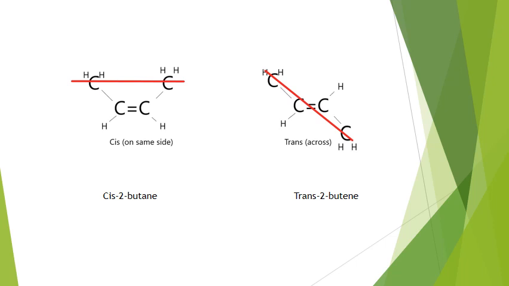And again, if you draw a line through here and look at the carbons on the opposite sides, if they're on the same side of the double bond, then they're cis. If they're on the opposite side of the double bond, they're called trans.